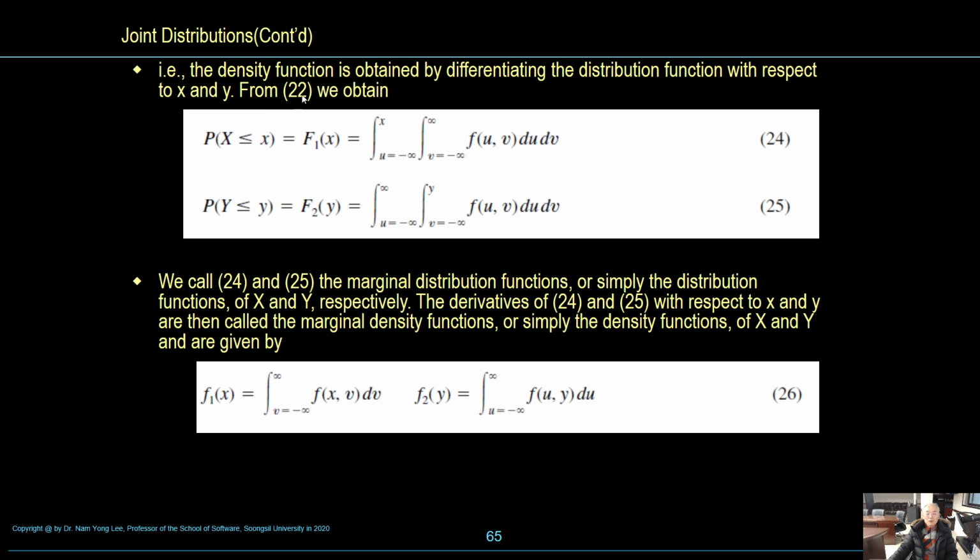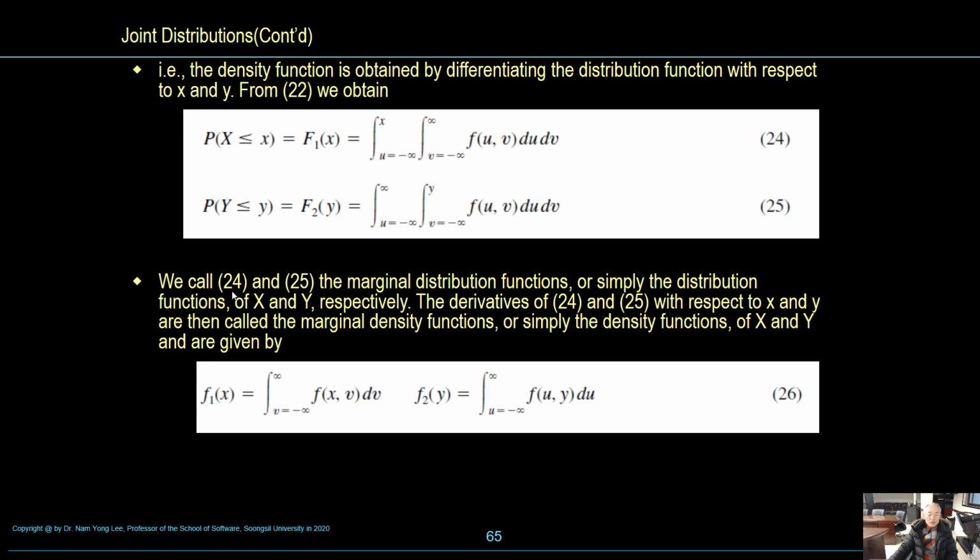From formula 22 we obtain the probability of X, F1(x), which is equal to the double integral of f(u, v) du dv. The probability of Y, F2(y), is likewise the integral of f(u, v) du dv.